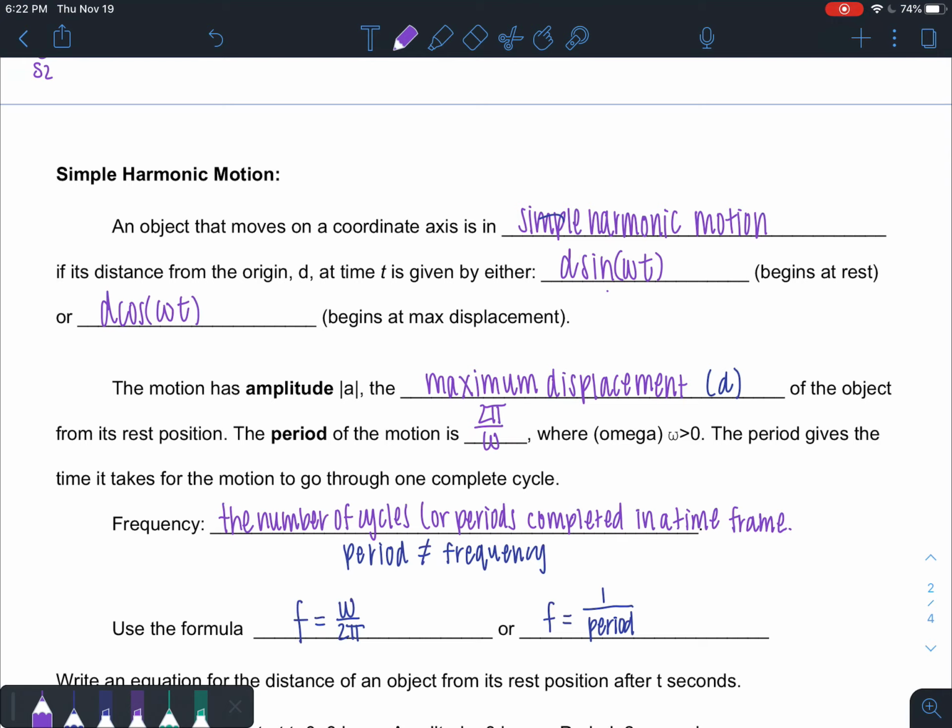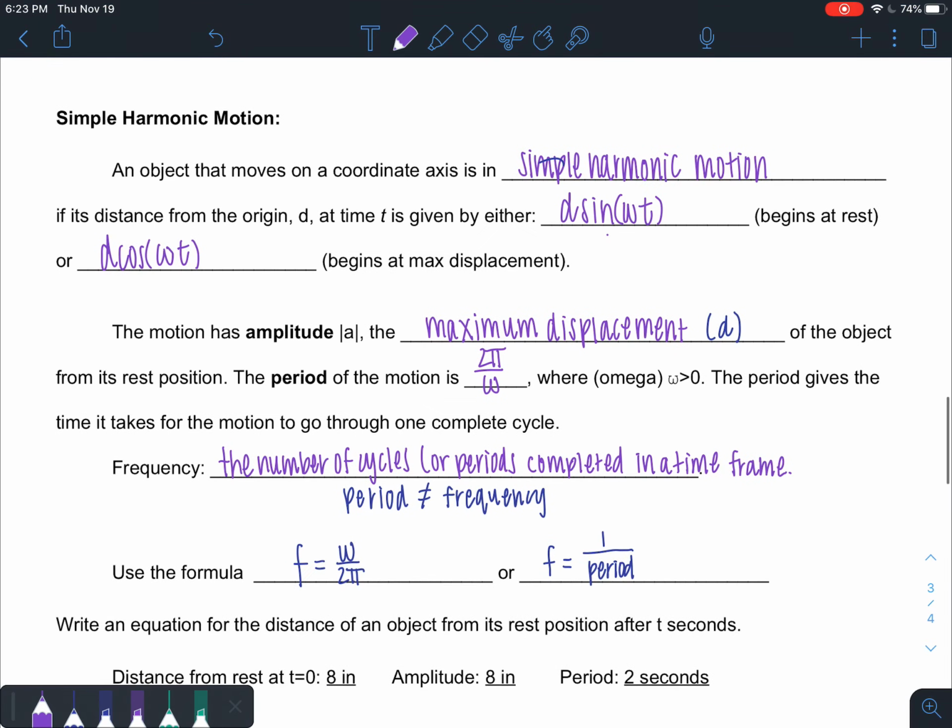The motion has an amplitude, absolute value of a, which is the maximum displacement of the object from its rest position. The period of motion is always going to be 2 pi over omega, where omega is greater than 0. The period gives the time it takes for the motion to go through one complete cycle. Now, frequency is different than the period.